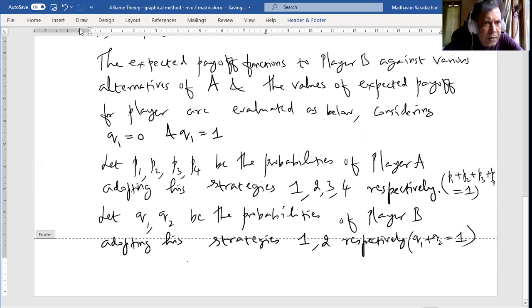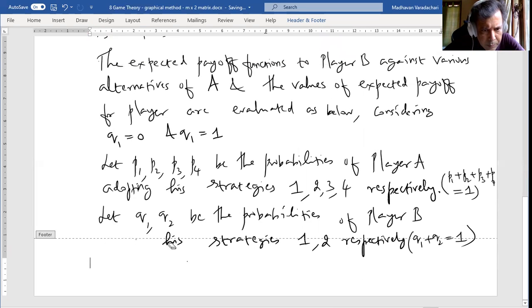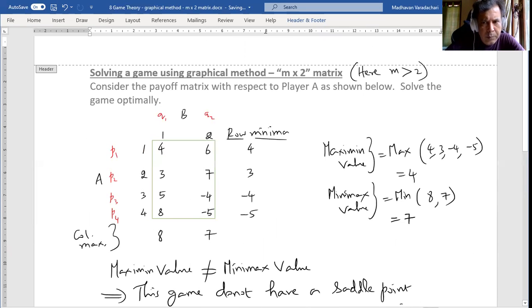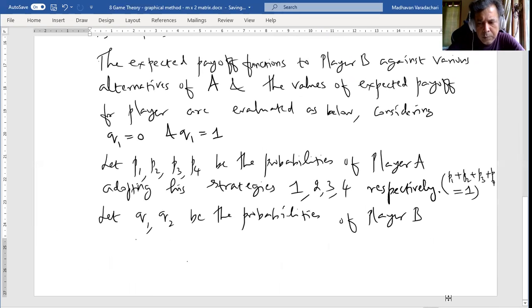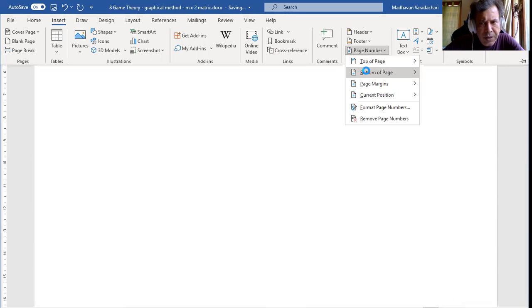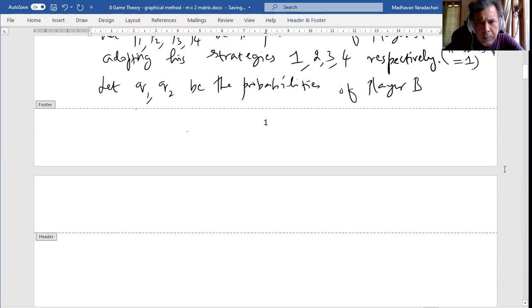I think I should rub this and I will shift it to the next page. Sorry. Let me put page numbers.